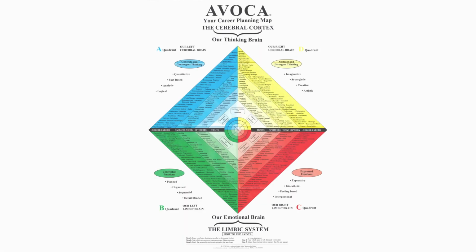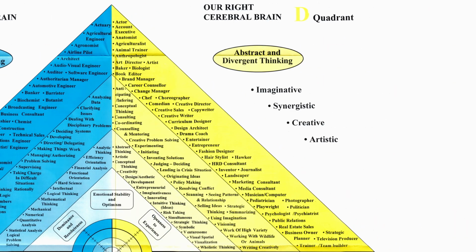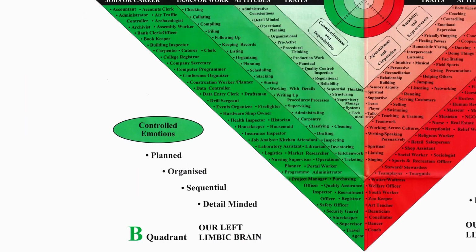Now that you've identified your strengths, you've chosen science stream, now I want to encourage you to look into the careers that suit those in the science stream. So referring back to this chart, science stream students are generally in more of the blue quadrant and yellow quadrant, and some of them in the green quadrant.